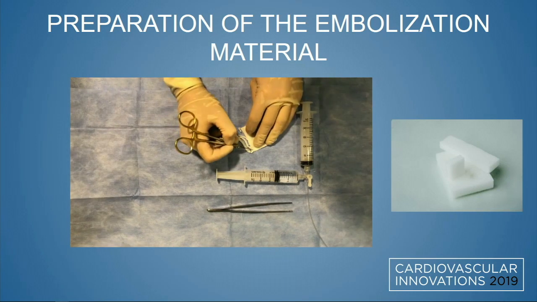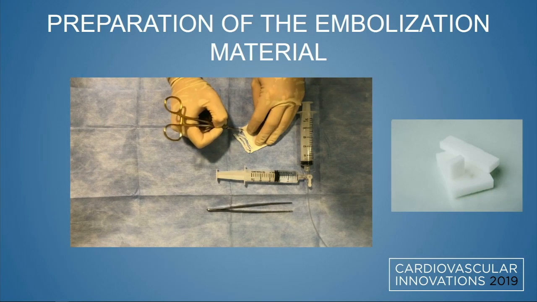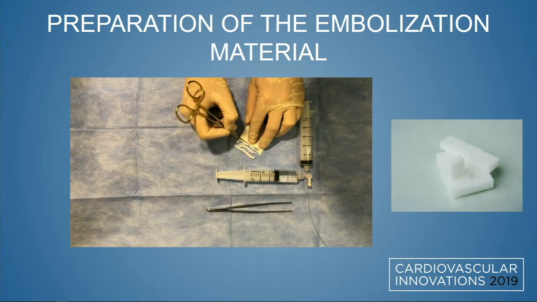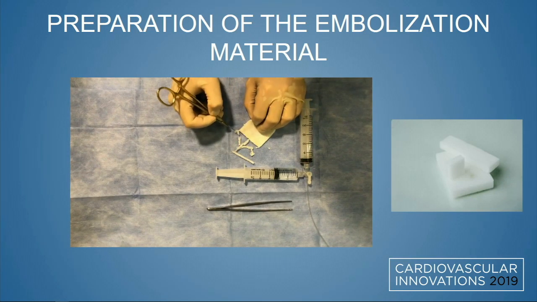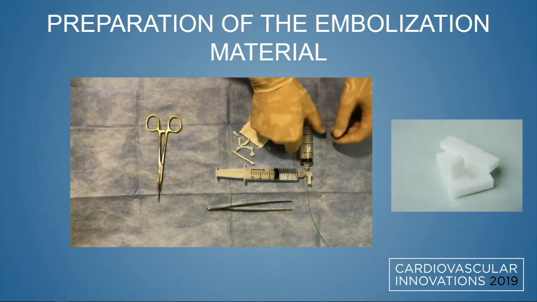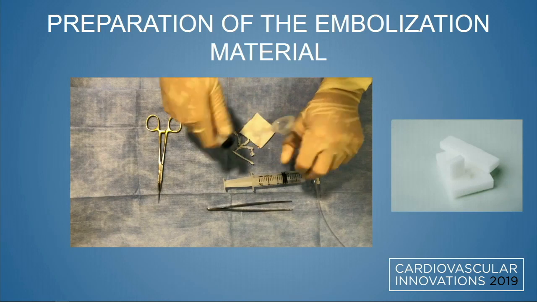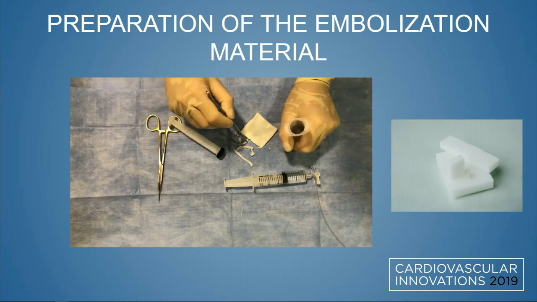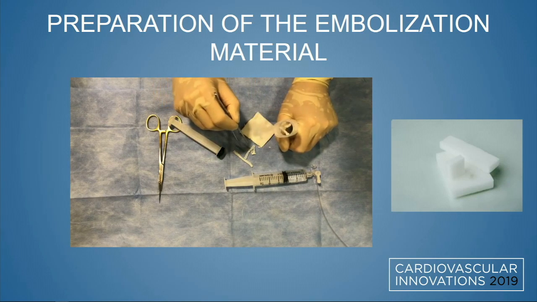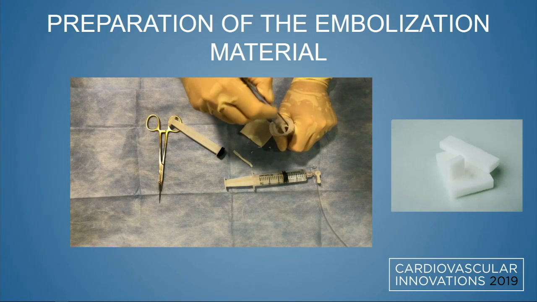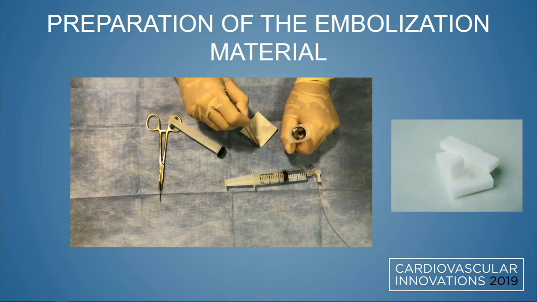So first we cut it into small pieces, and then we put it into the syringe and stir it up with the mixture of normal saline and contrast dye.